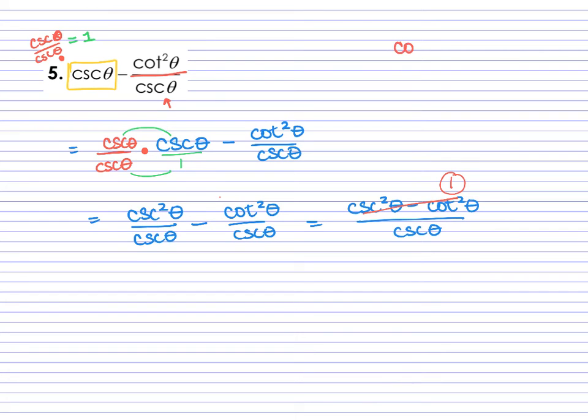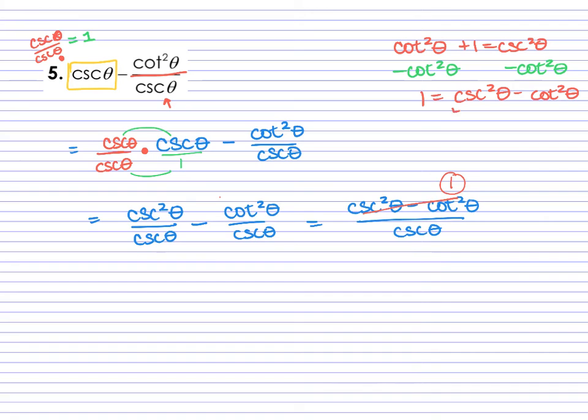Pythagorean identity. What we often see is that the cotangent squared of theta plus 1 equals the cosecant squared of theta. But if we subtract cotan squared theta from both sides, we're going to find that 1 is equal to cosecant squared theta minus cotan squared theta. That's where that 1 comes from.